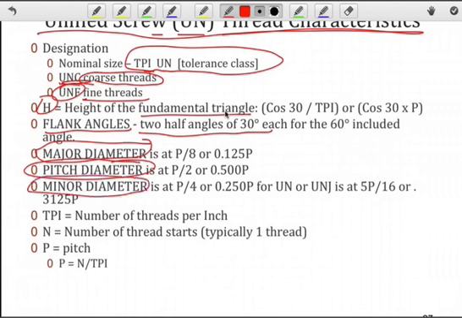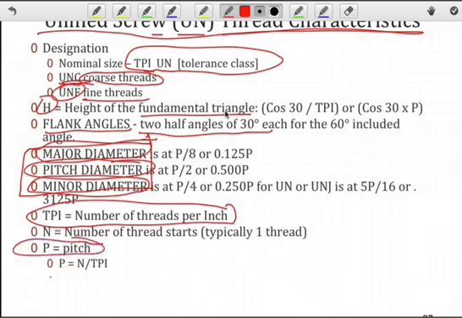Now, as I said before, the tolerances for threads are attached to the thread specification, and those tolerances relate to these three characteristics. The major diameter indicating the larger size, the pitch diameter in the middle, and then the minor diameter towards the smaller end, and we'll see what that looks like in the geometry. Most important characteristic beyond those is the threads per inch, which is related to pitch through this relationship.